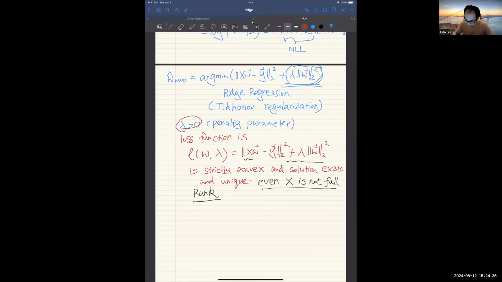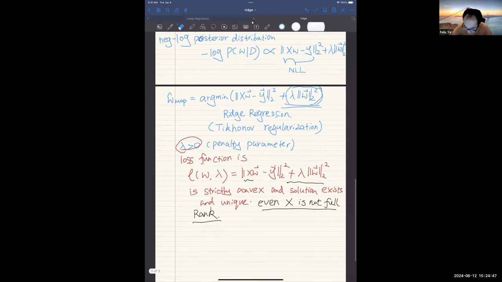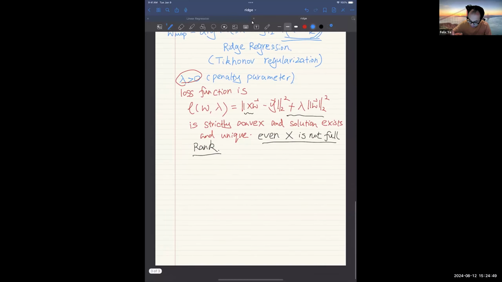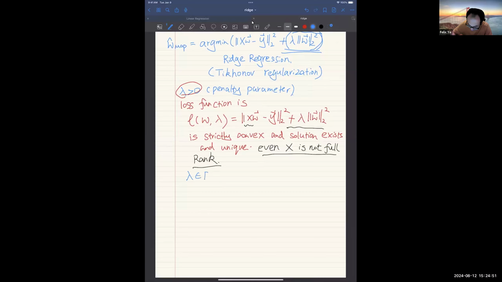You can think about lambda as a tuning parameter from 0 to infinity. Consider the two extremes.